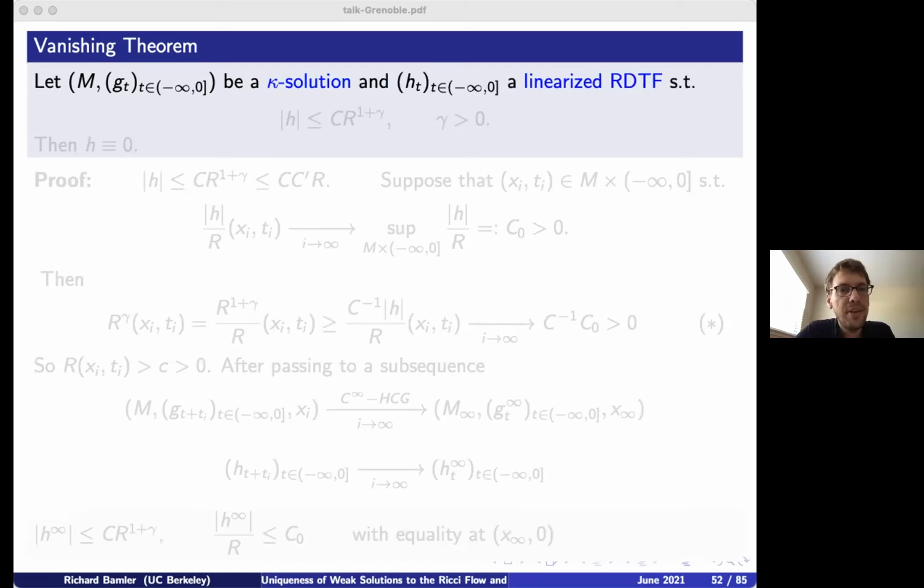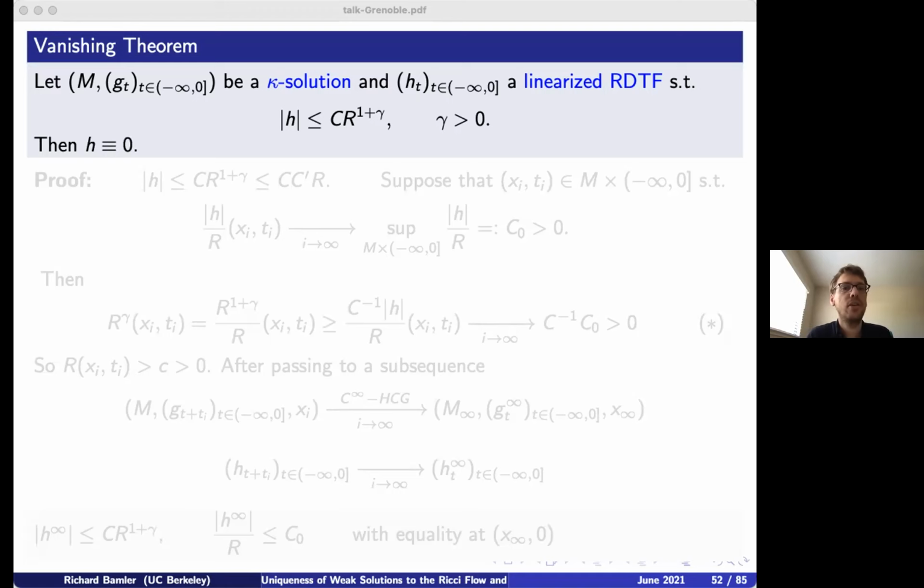And let me consider a linearized Ricci-DeTurck flow on this kappa solution, which exists for all non-positive times. And let me assume that this flow satisfies the following bound, that the norm of H is bounded by some constant times some power of the scalar curvature that's bigger than 1. Okay. Then the statement is that H has to vanish everywhere.